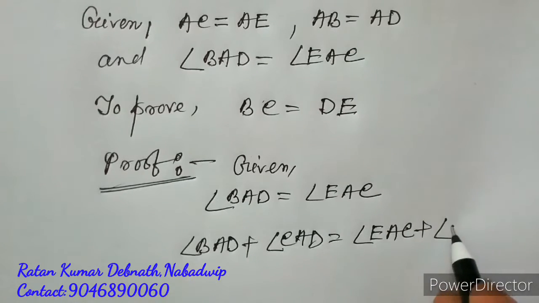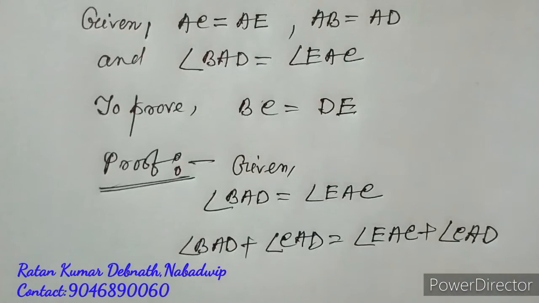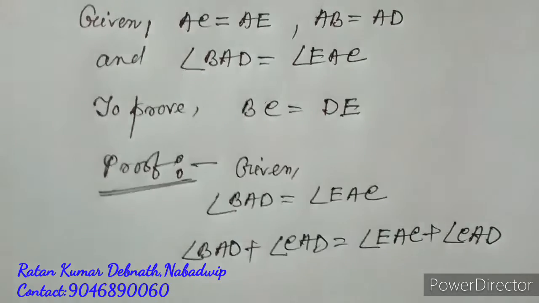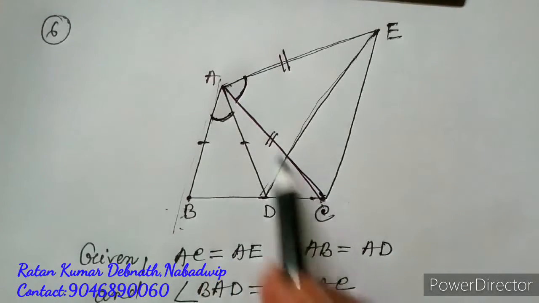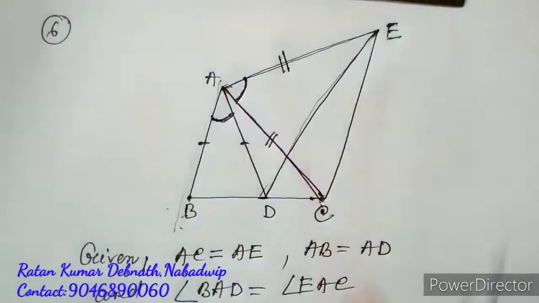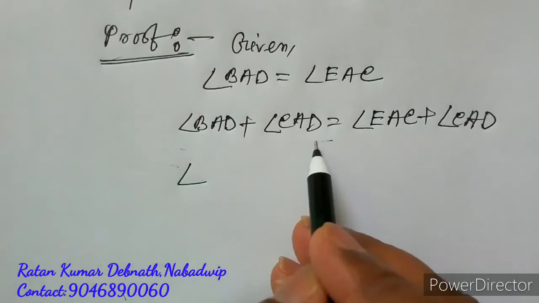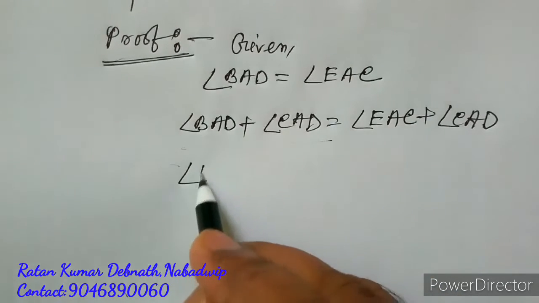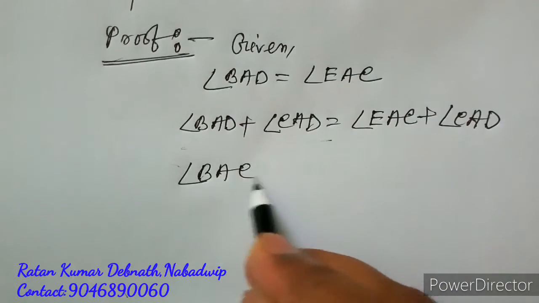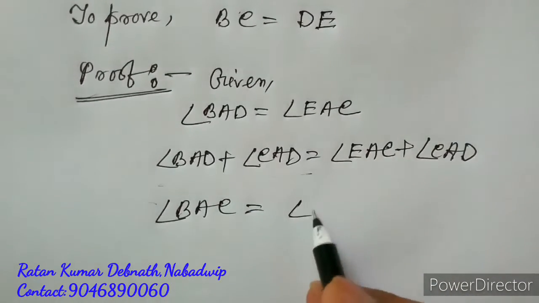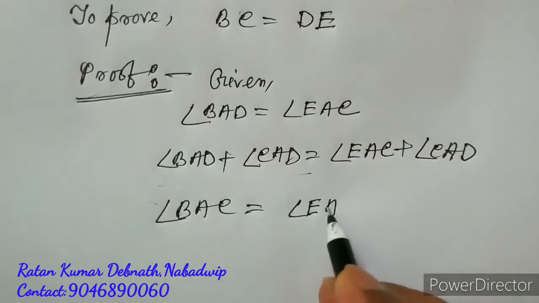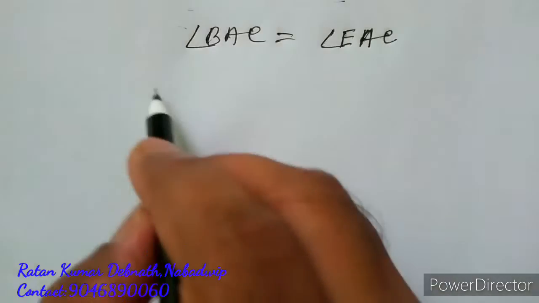I have added angle CAD both sides. In an equation we can add or subtract the same thing in both sides. Now look, BAD plus CAD means BAC. Sum of these two angles gives angle BAC, and sum of these two angles results in angle EAC.